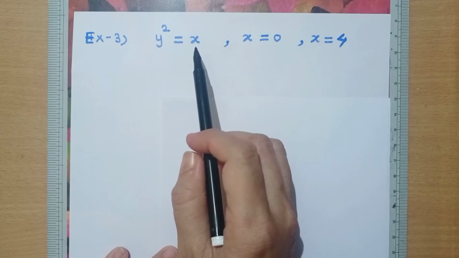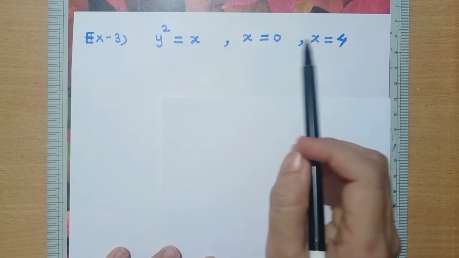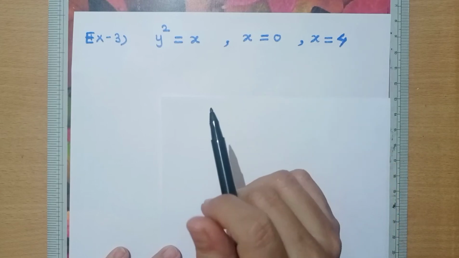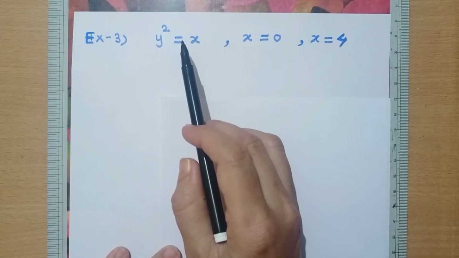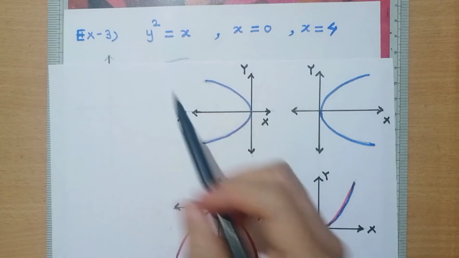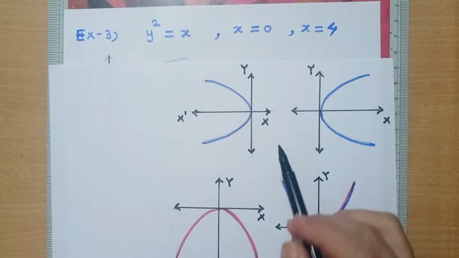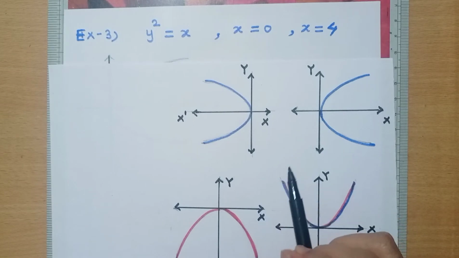Y square is equal to x, and the bounds of x given are x is equal to 0 and x is equal to 4. So this is nothing but the equation of a parabola, and for this we will use one of these parabolas. We have studied this in 11th standard.